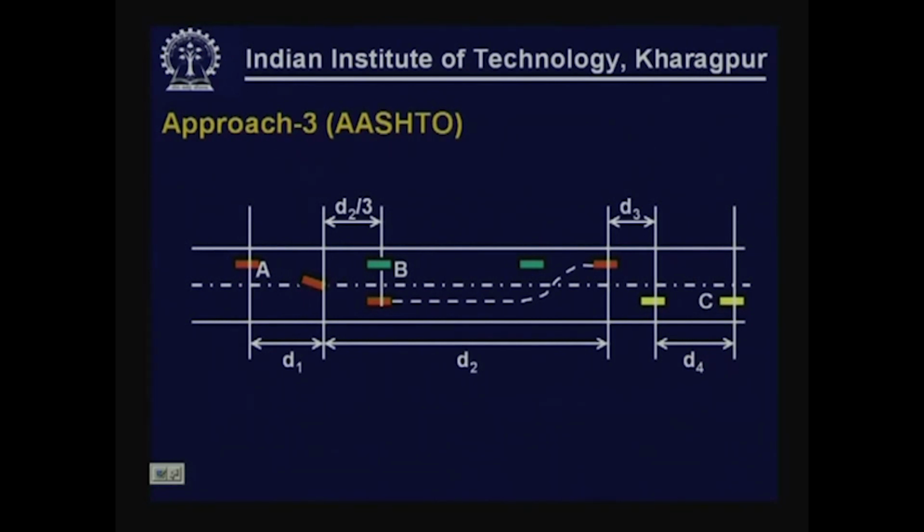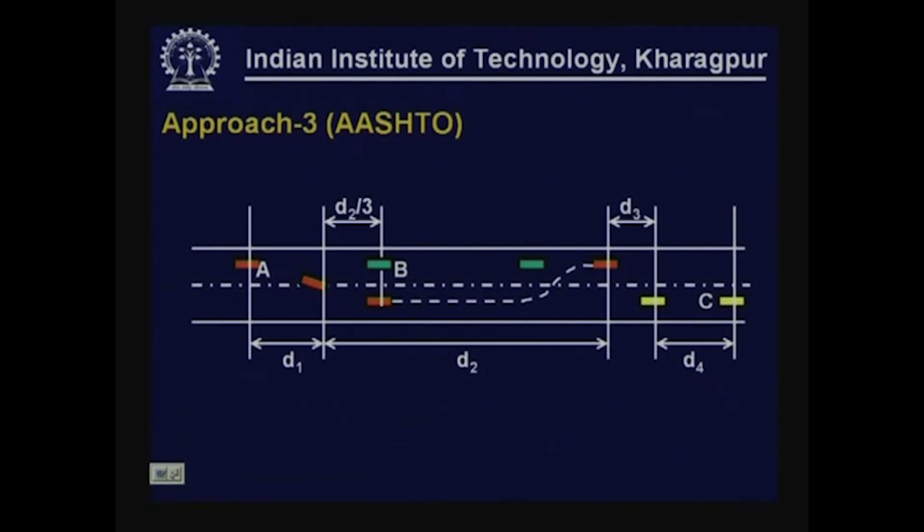D3 is the clearance after completion of overtaking. A gap is assumed between the overtaking vehicle which has just completed the overtaking operation and a vehicle which is coming from the opposite direction.